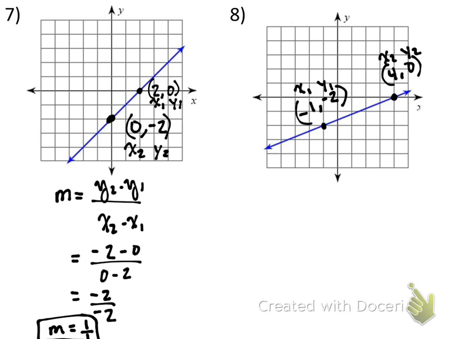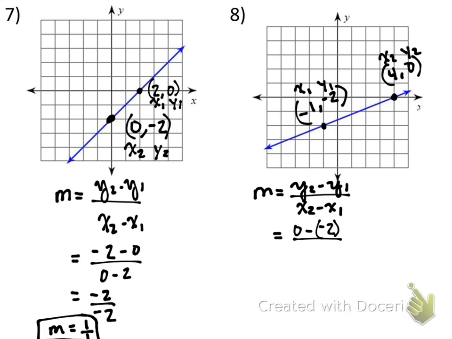Plug them in. We get our formula of m is equal to y2 minus y1 over x2 minus x1. Our y2 in this case is 0 minus y1, which is negative 2. We're subtracting a negative, so what are we really doing?